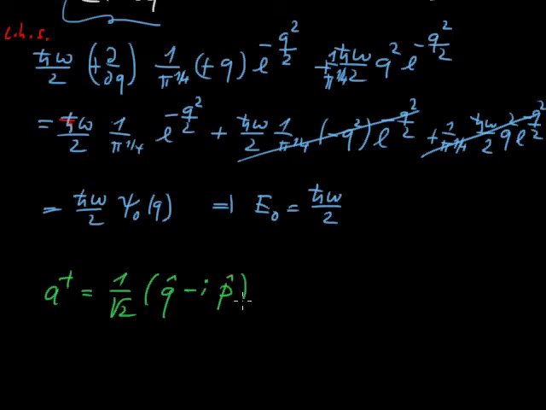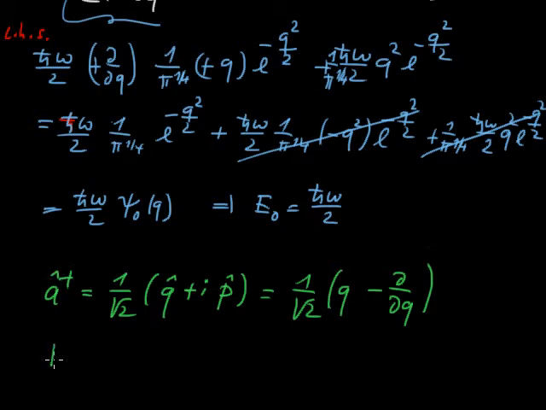So it's like this. These are all operators. Or maybe there's a minus here. There's a plus here. So this means in our representation, it's going to be q, not the q operator, but q minus the derivative according to q. So this is the creation operator.